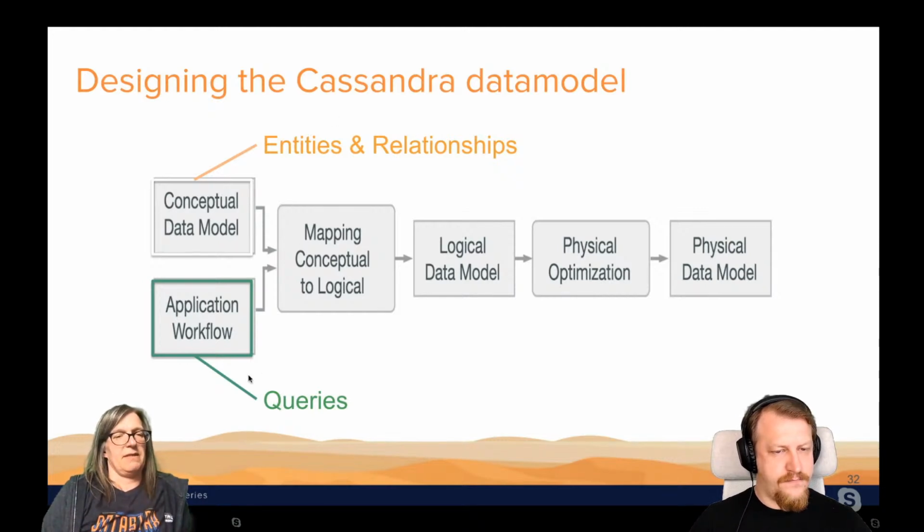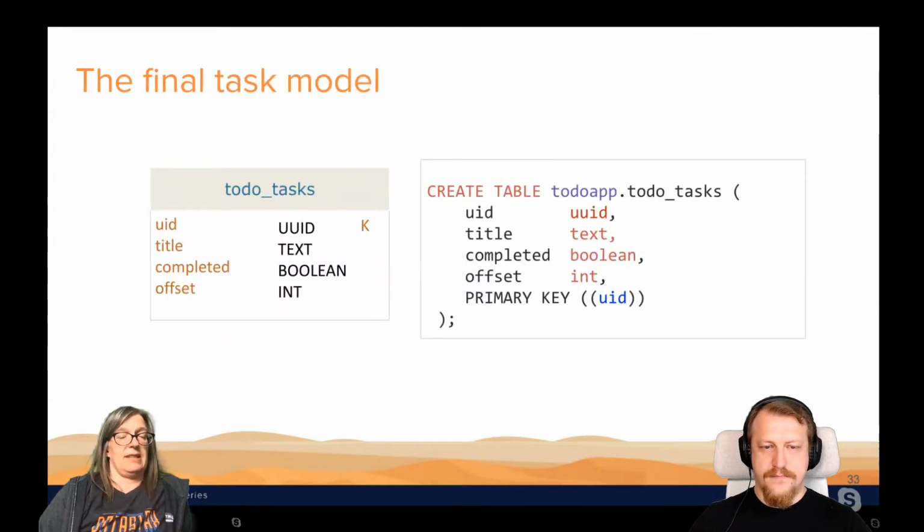We have very simple queries, but then we're mapping this to our logical data model, and then we're mapping it to how it would be laid out in Cassandra on disk in order to make the retrieval of data very, very fast for us. And this is what we did come out with, right? So our logical model looks like this. We have the UID, the unique identifier for our tasks.